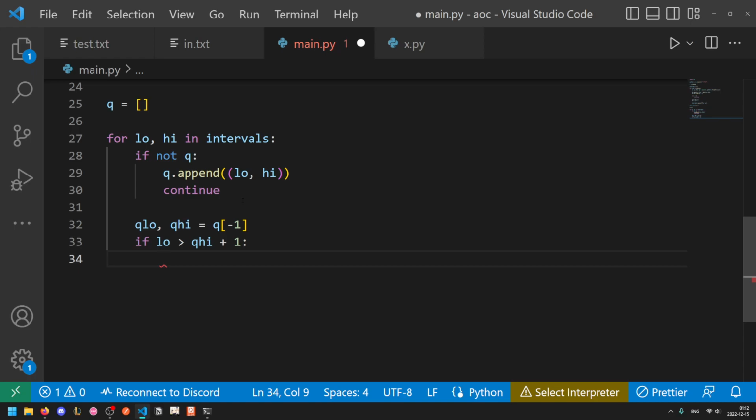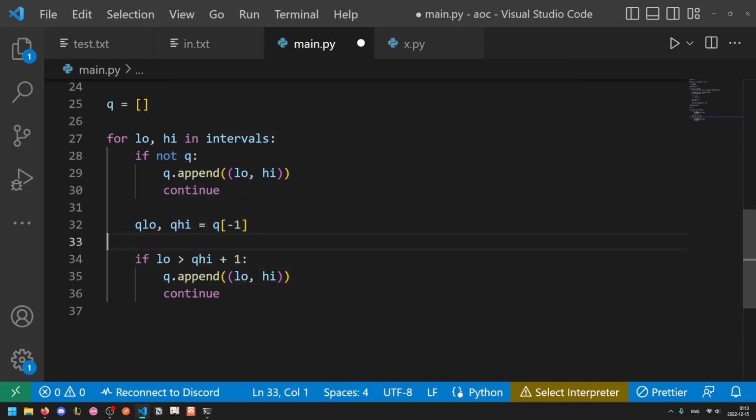So if we cannot merge them, then we can just append our interval to Q directly. But otherwise, if we can merge them, so if they are touching or overlapping, then we're going to modify Q. I'm actually going to make these lists so I can modify them, since tuples are immutable. So we're going to set the high bound of Q. Essentially what we're trying to do is make our new interval of the two combined the lowest of the lows and the highest of the highs.